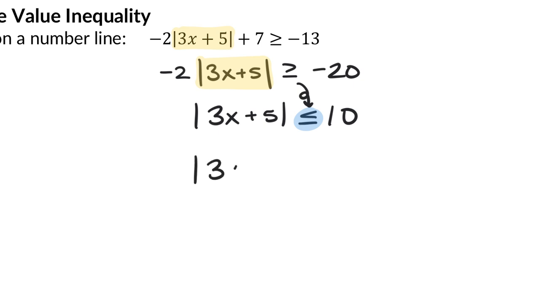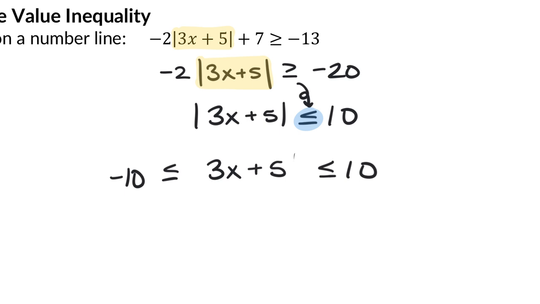If I started to write this down again, I am going to erase those absolute value bars. But what number do I put on the other side here? Negative 10. Once you have it in a compound inequality, quick erase of those bars, we're good to go.